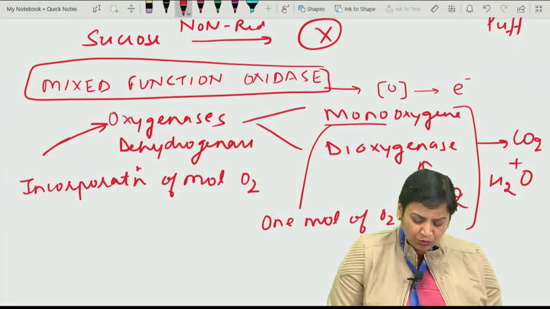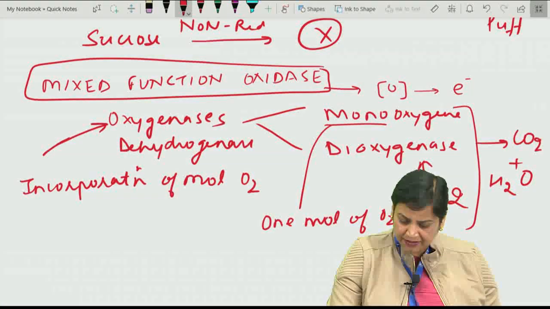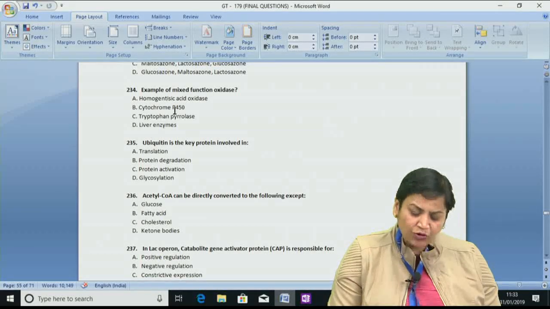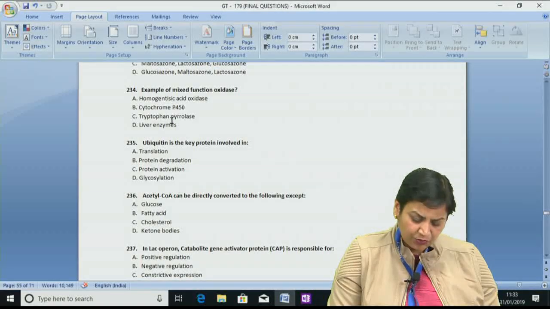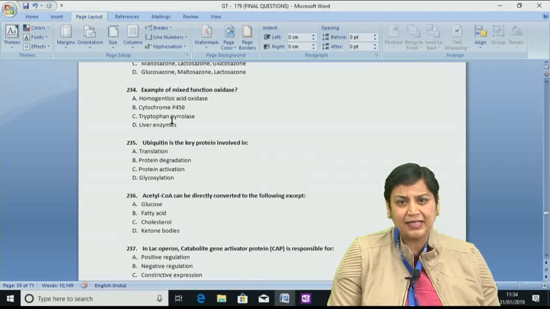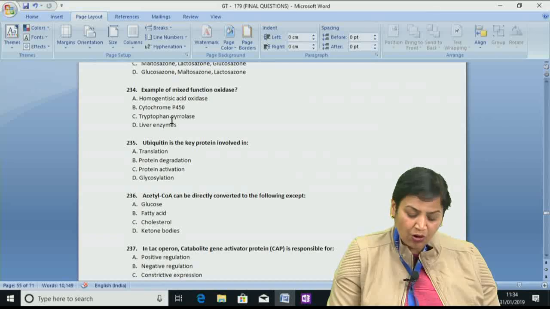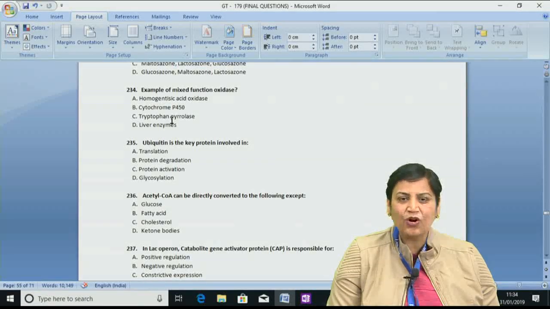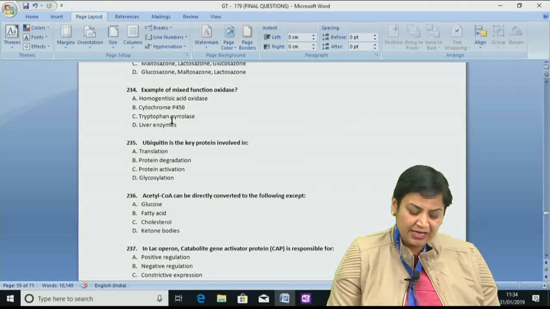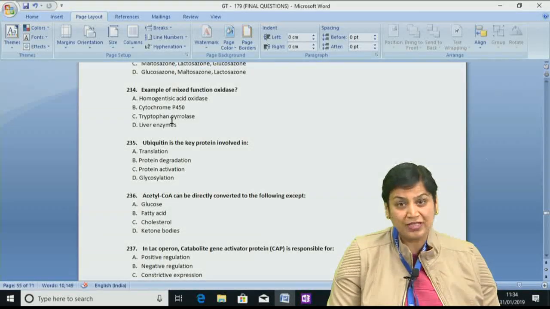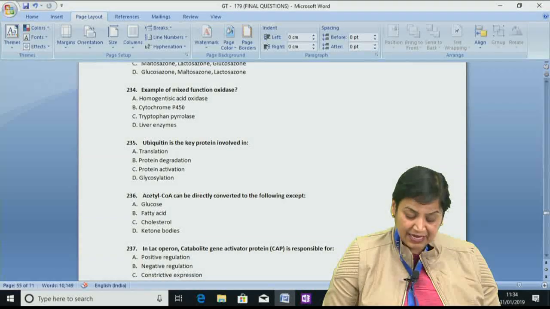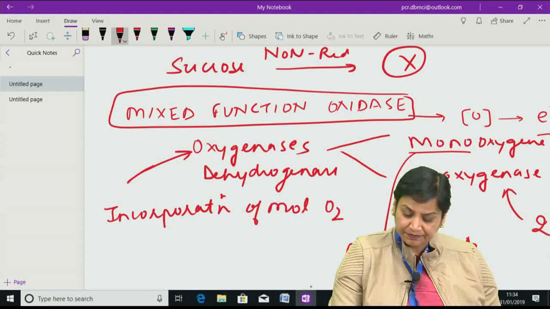Now for the example of monooxygenases, if you look at the options: homogentisic acid oxidase, cytochrome P450, tryptophan pyrrolase, liver enzymes. Except cytochrome P450, all come under dioxygenases, meaning there is incorporation of two molecules of oxygen whenever this homogentisic acid oxidase enzyme acts.